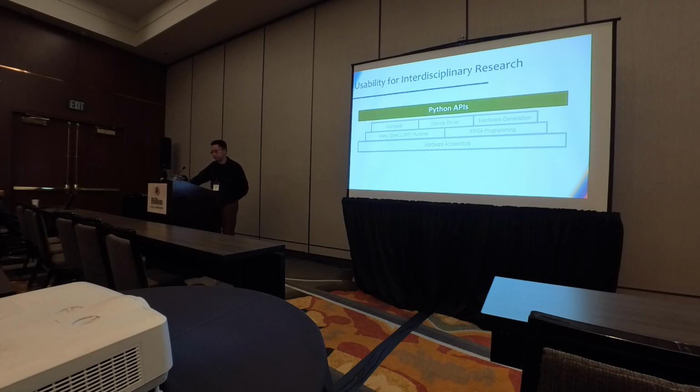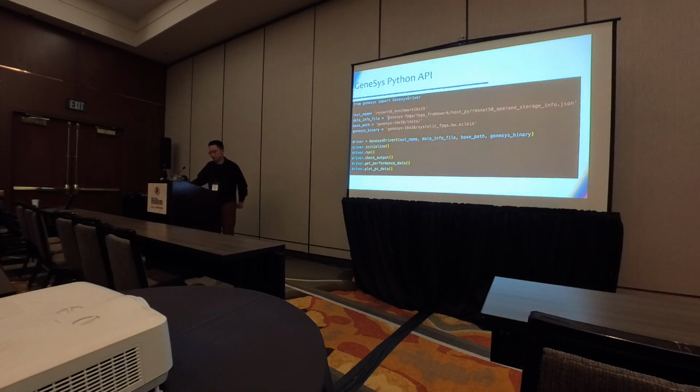So why don't we just provide them with Python APIs, hide all this complexity ourselves, and give them a simple CUDA-like, OpenCL-like interface, so that you can use it with other libraries, because neuroscientists use a lot of libraries for their reinforcement learning models. Yeah, so that's our GeneSys Python API. It's very simple.